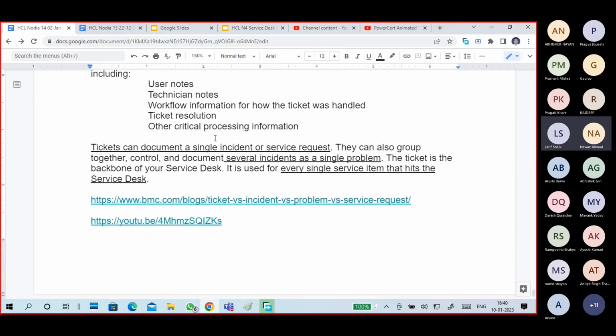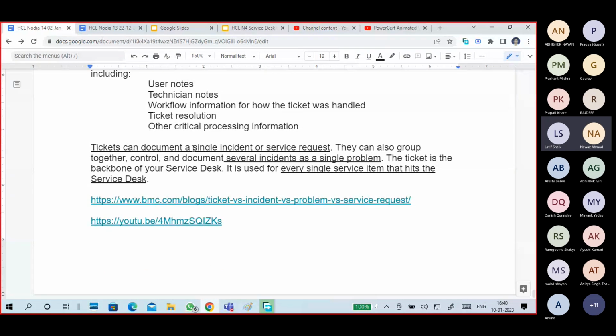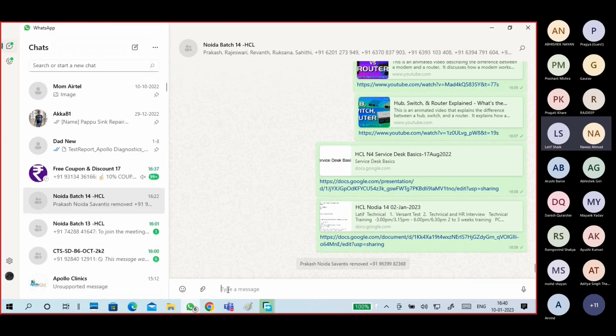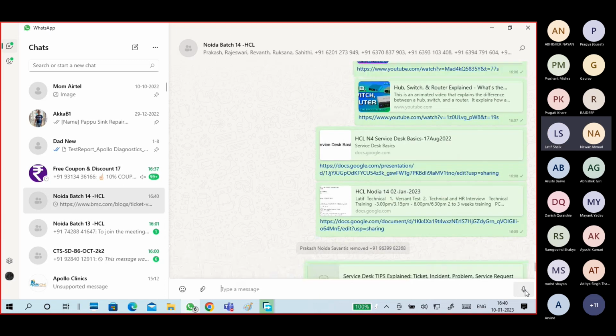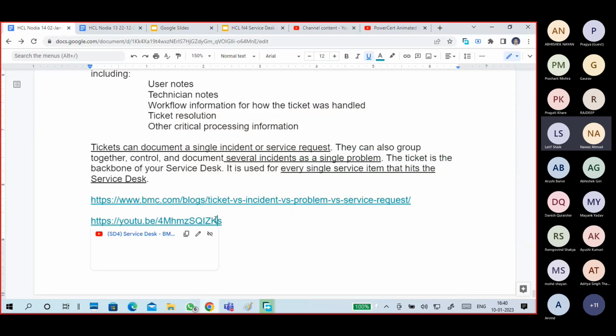Okay, guys, if you want to know about a ticket, incident, problem, and service request, this blog will tell you what a service desk ticket is.